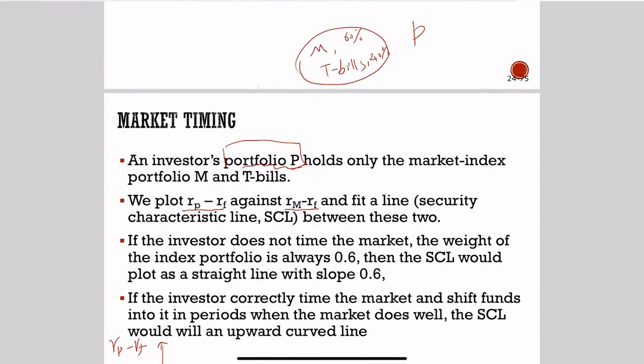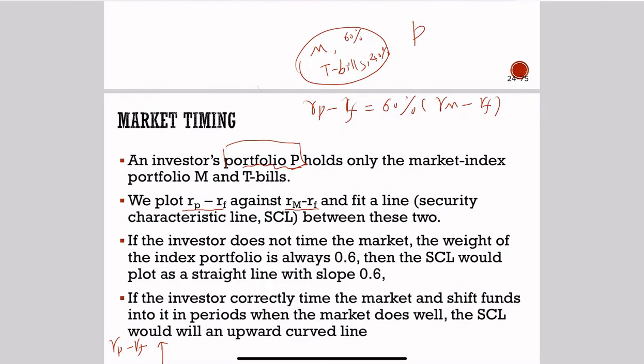In this case, what is portfolio P's return? Well, portfolio P's excess return would be equal to 60% of the market excess return, right?